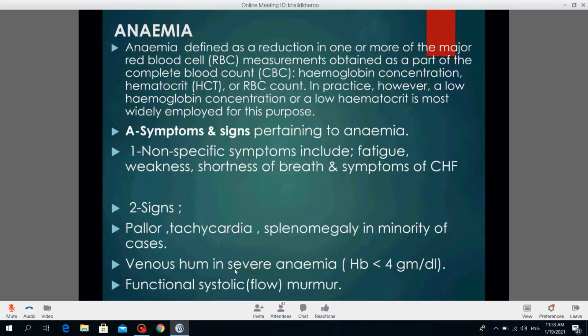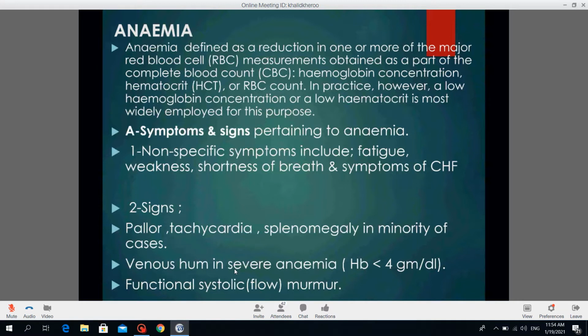Another auscultatory finding in patients with anemia is venous hum. This is a sound heard by auscultation of the jugular vein and occurs only in those patients when the hemoglobin is severely reduced, less than 4 grams. And the functional systolic murmur, this is a flow murmur.